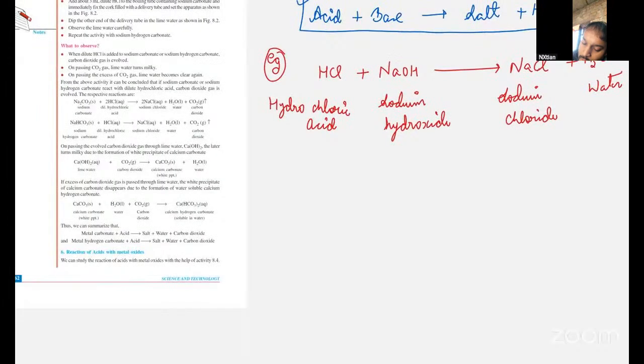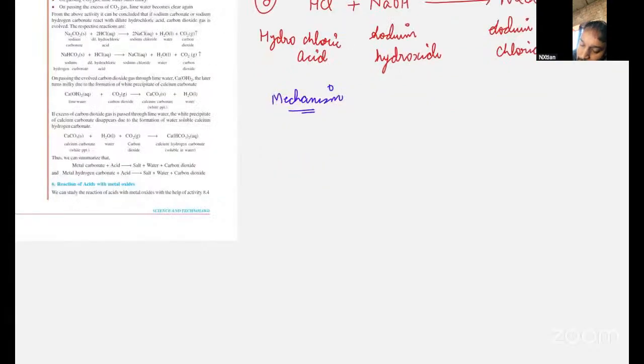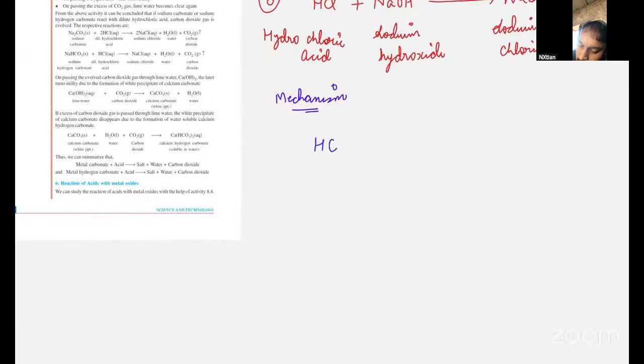Okay, it won't come. So the mechanism is going to be like this. HCl plus NaOH is there. So what will happen?